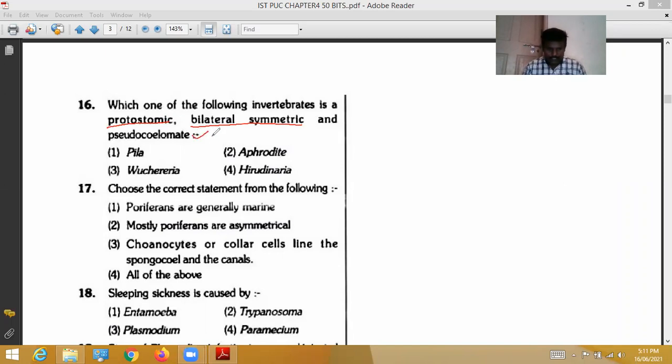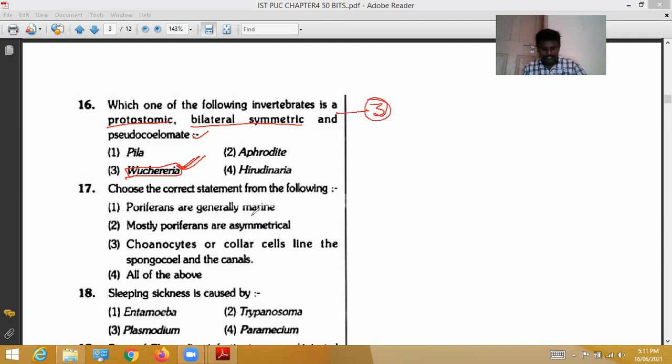Pseudocoelomate means the coelom is false. That is what we find in Wuchereria bancrofti, which causes filariasis in human beings. These characteristics are seen only in Wuchereria. The remaining options 1, 2, 4 are wrong. The correct option is 3.